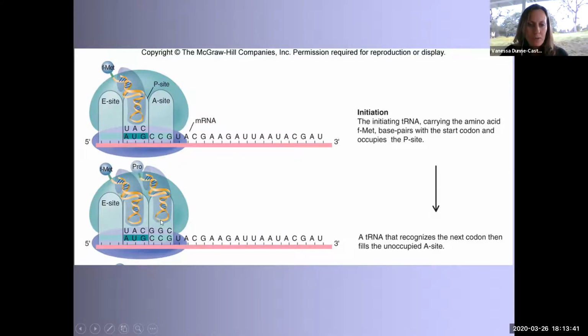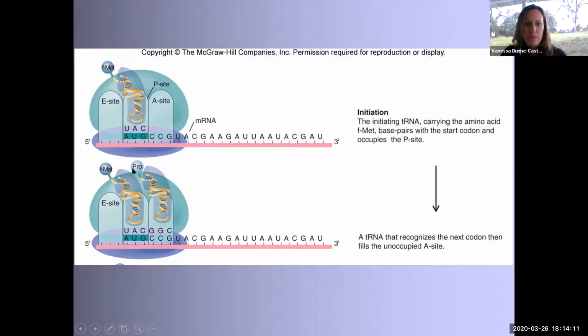Again, only the transfer molecule that has the complementary anticodon to the next codon in the mRNA sequence will come and dock here. That transfer molecule has a specific amino acid that it is bound to, and it comes and docks at this station. Now we have two different transfer molecules docked at the P site and the A site, and once this occurs, magic happens. There's an enzyme that comes and forms a peptide bond between the P site amino acid and the A site amino acid.